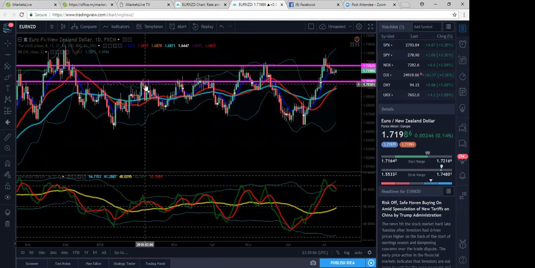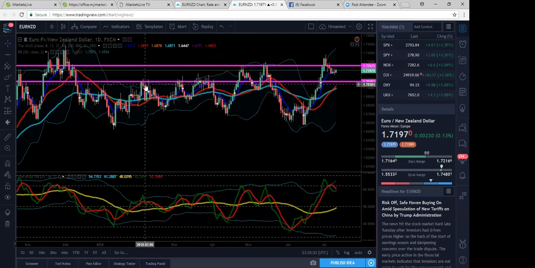Teacups are in all 32 pairs. So way before the move even happens, you can go and do these. You can set these up on Sunday for the next couple of days, and if they activate and hit, they activate and hit. The only thing that can change a teacup is the news.